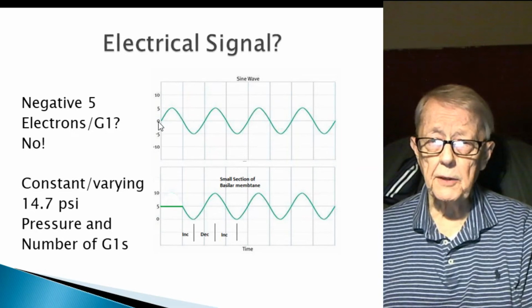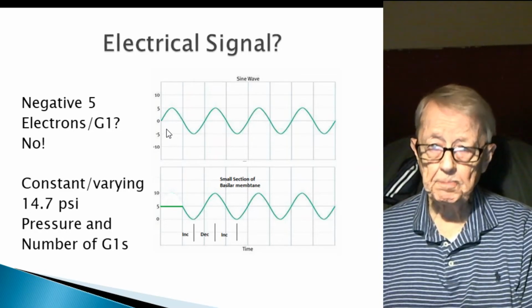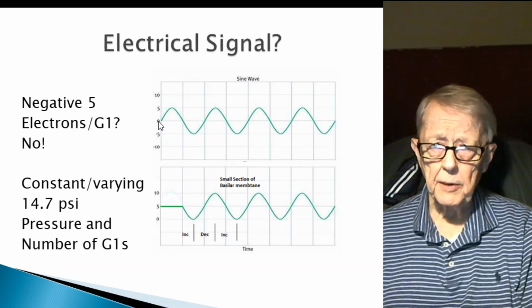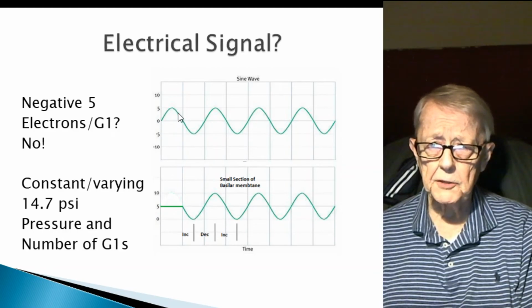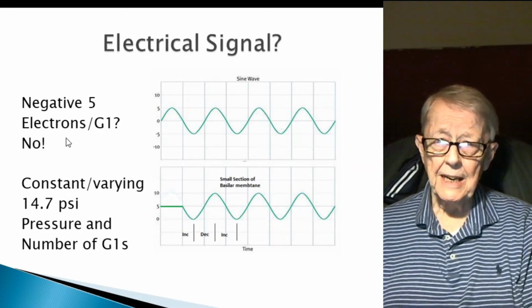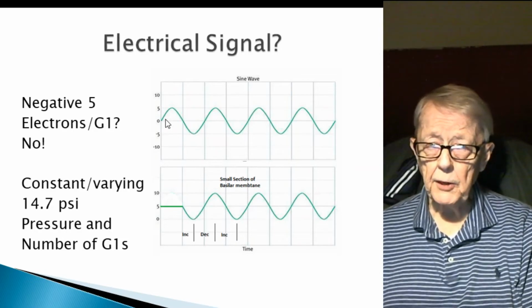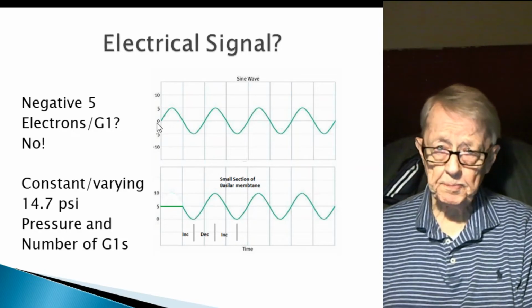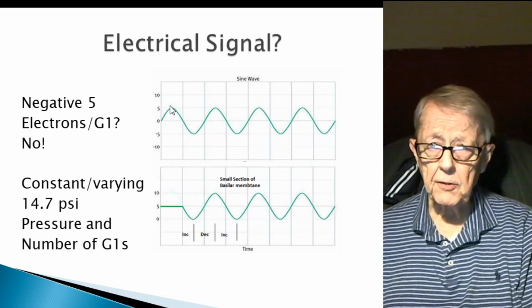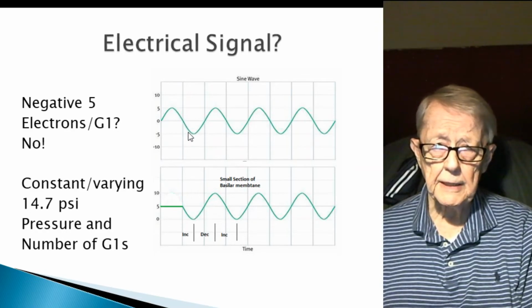So I start with just a sine wave. I got this off the internet, and it's a sine wave that starts at 0, goes to +5, then -5, then +5. And if this is current flow, then you have electrons flowing. You have +5 electrons and then -5 electrons and +5.